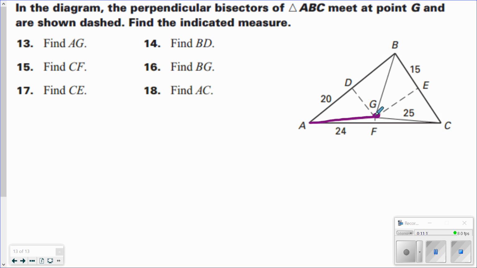We know from our theorems that AG, GB, and GC are all congruent. So what is the length of AG? Well, it would have to be 25 because we see that GC here is 25, which means this is 25 and this is 25.